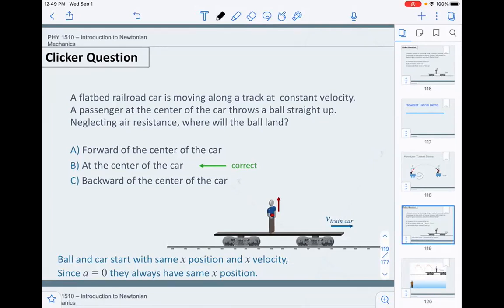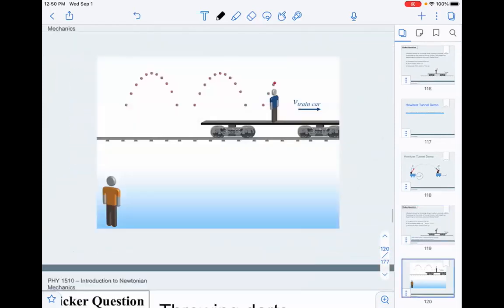But for someone standing on the ground, looking at you, you are going horizontally forward, and the ball would be going forward and up and down at the same time. So if you put those two motions together, for someone standing on the ground, they will see the ball going as a parabola, right? A curve up and a curve down, and another curve up and curve down. That is the addition of the motion in the x and y components together.